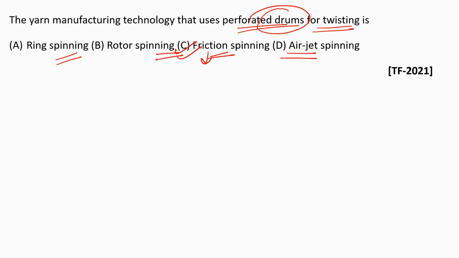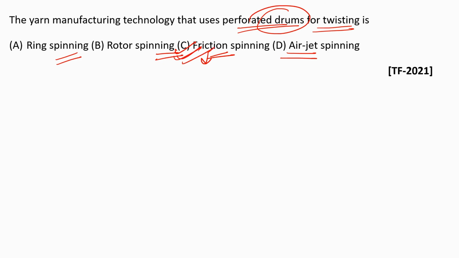It consists of 3 distinct operations: feeding of fibers, thereafter fiber integration, and thereafter twist insertion. These 3 processes are included in friction spinning, and this technology uses perforated drums for the twisting process. So option C is the right answer.